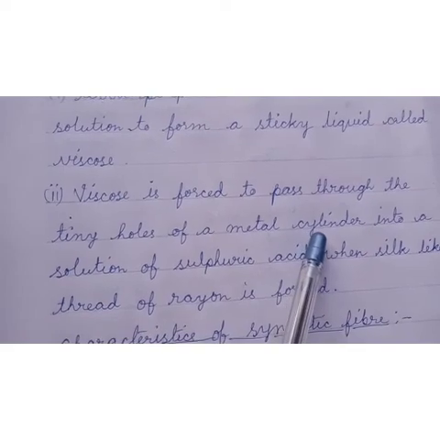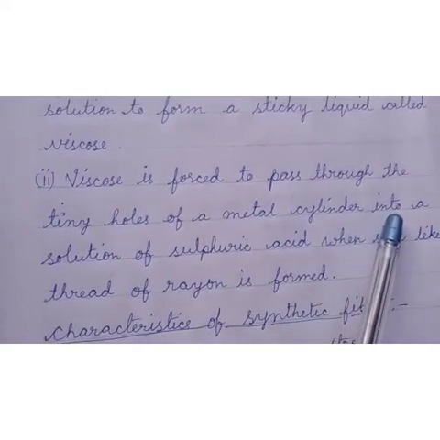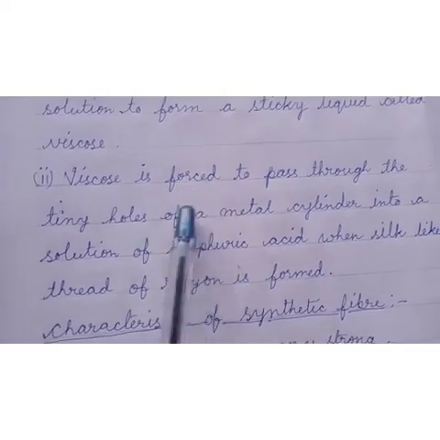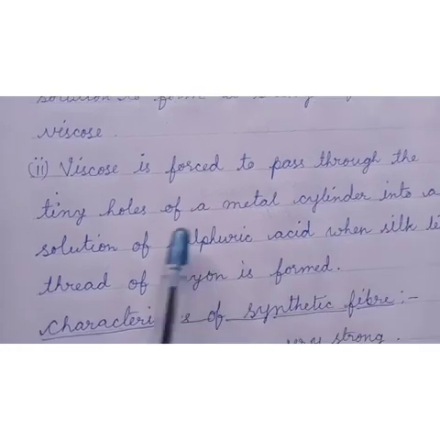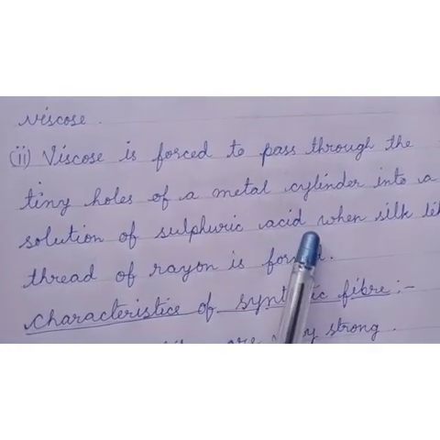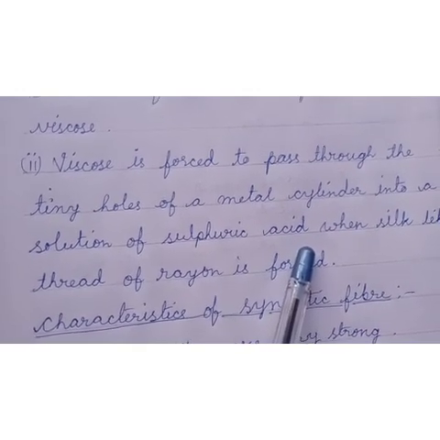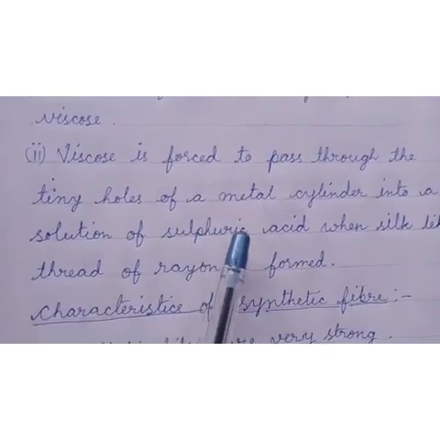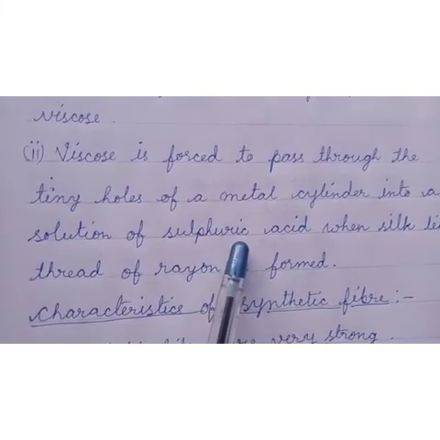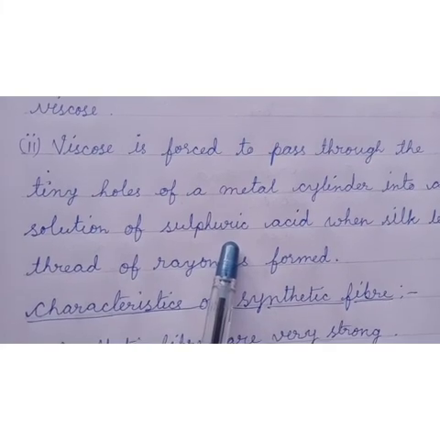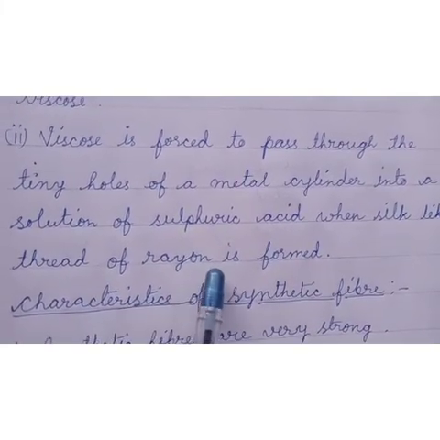This metal cylinder with tiny holes is also called a spinneret. So, viscose is forced to pass through the tiny holes of a metal cylinder into a solution of sulfuric acid. A solution of sulfuric acid is taken and this viscose is forced to pass into it. As it falls into the sulfuric acid solution, it forms a silk-like thread which is called rayon.